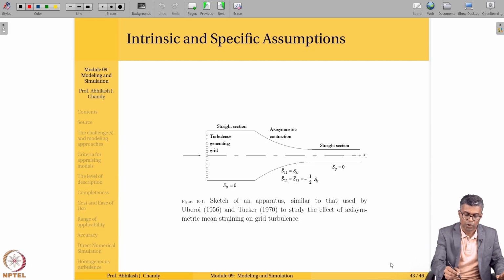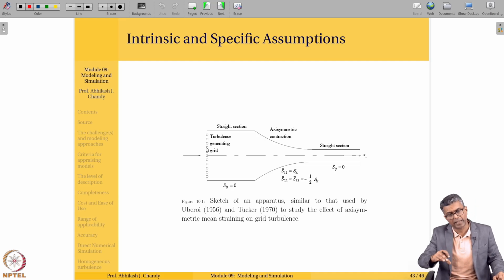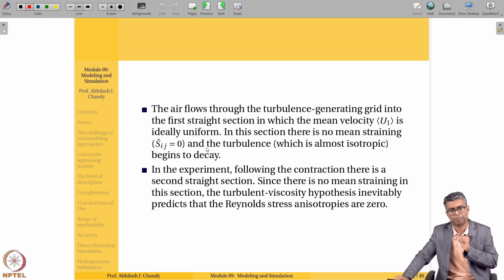So essentially, you have a turbulence generating grid here, which is actually a physical mesh through which flow goes through. There is a straight section followed by a contraction, and then followed by another straight section. And we are going to see how this intrinsic and specific assumption apply here.